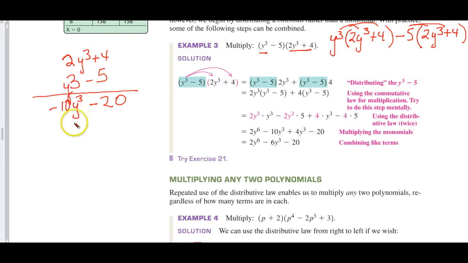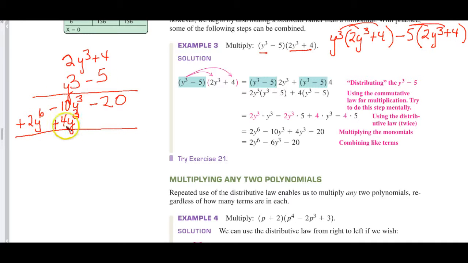Now you multiply this one. This one times this is a plus 4y to the third. And notice I've put them in like term columns, which is going to be a useful skill here. And now this times this gives me a plus 2y to the sixth.